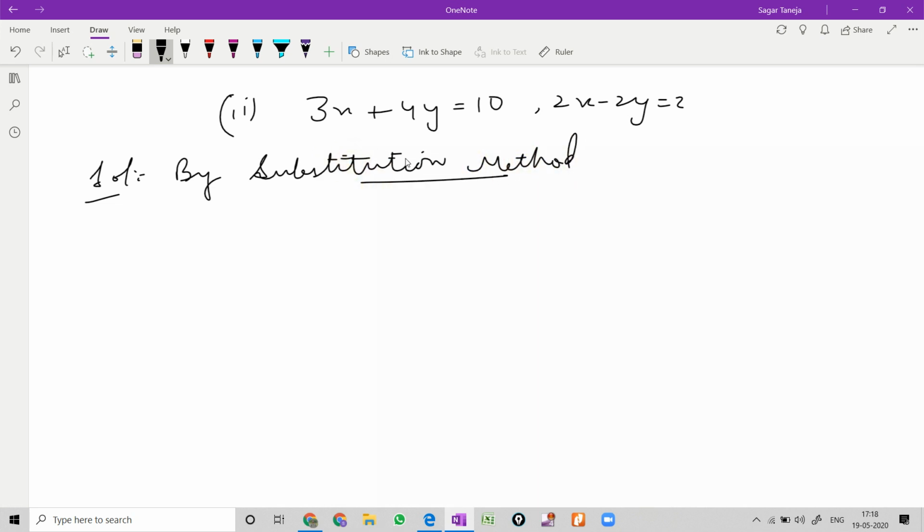By substitution method, same as this, the first equation is this. I have written this. Let us take out the value of x from this.